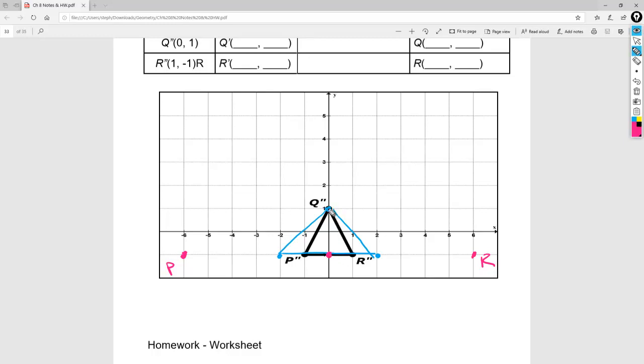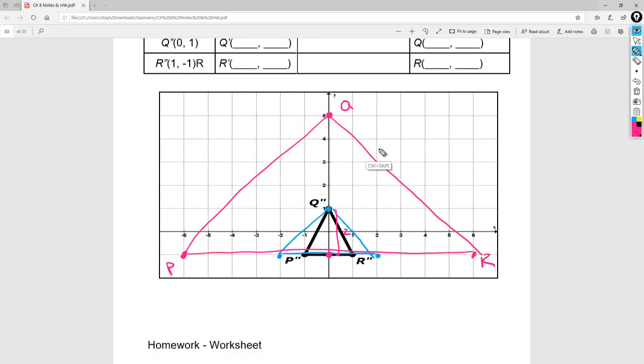My distance was 2 from my center of dilation. Now my distance needs to be 6. So this distance is 2. Now I need to multiply that by 3 and get that distance to 6. So I'm going to end up all the way up here. And this is my original image of PQR.